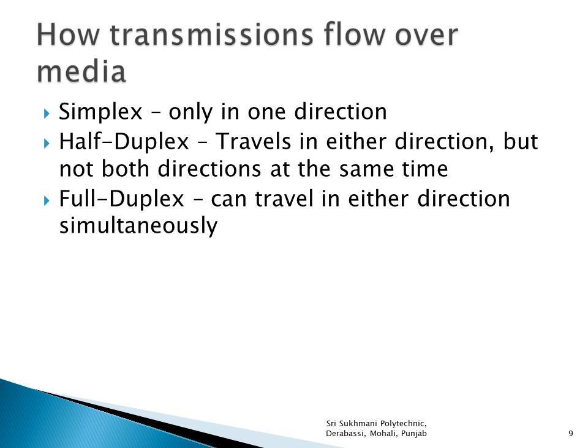And an example of simplex is your TV transmission. The news channels are simply transmitting their news, and we are in listening mode. So that is a simplex mode of operation. A walkie-talkie is an example of half duplex, and the present-day mobile telephone is an example of full duplex.